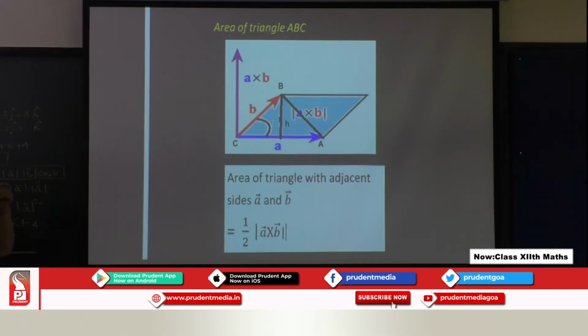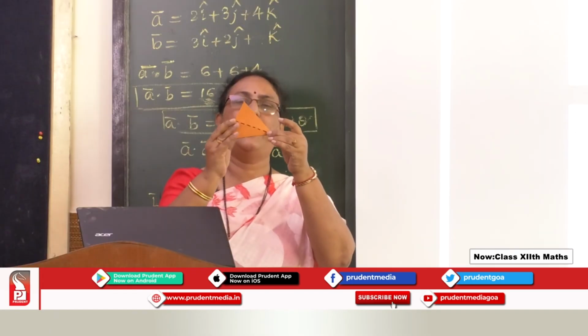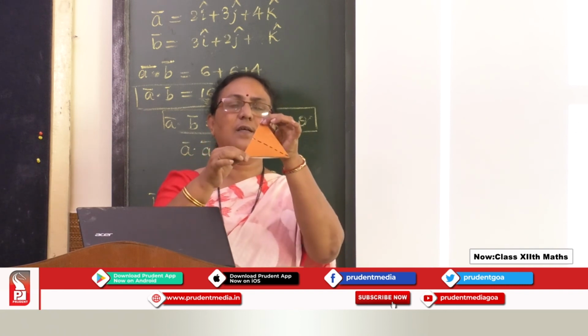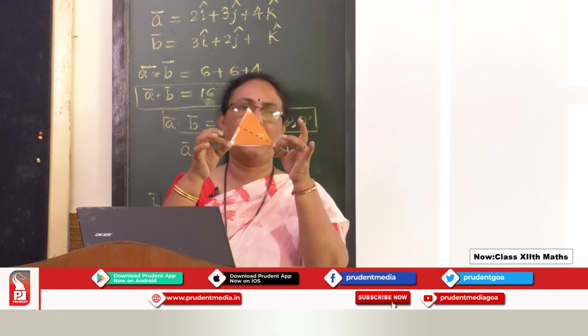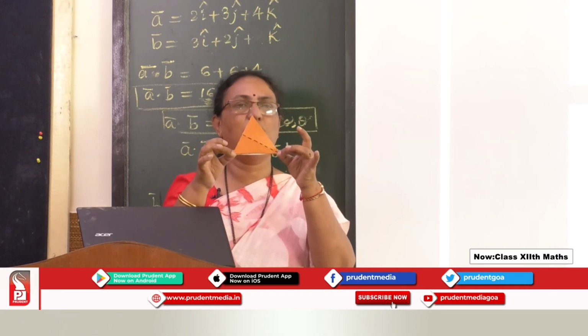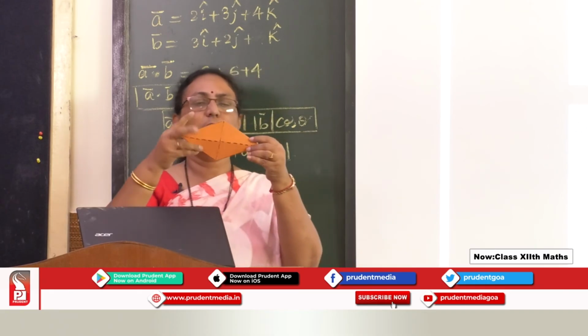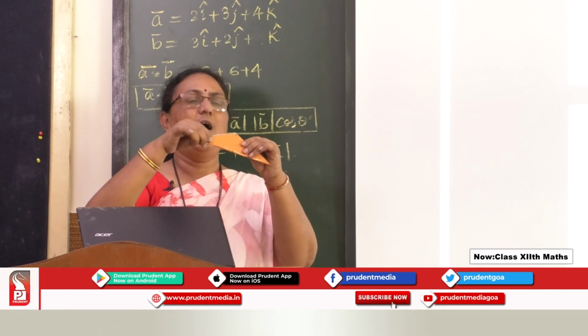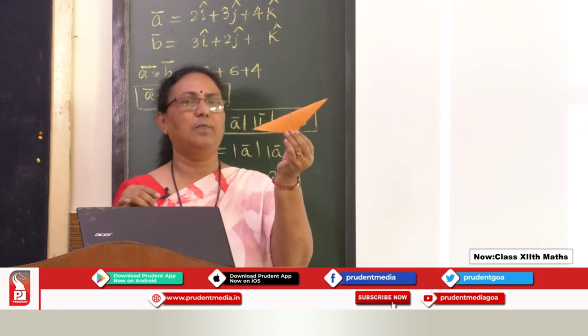Now the area of a triangle. Have you seen that if this is a parallelogram and I divide it like this into two equal parts, I get a triangle? So the area of a triangle is half of the area of the parallelogram. You can even do it this way also, the area of the triangle is half the area of the parallelogram.